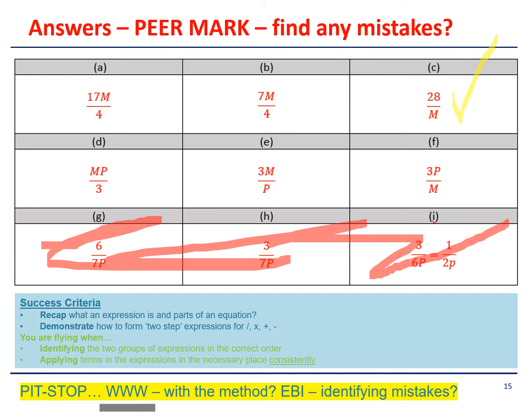We need to think and self-reflect. Okay, what is going well when you're doing these two-step expressions? So what is going well, and then more importantly, identifying the bits that we need to improve. Where are them little errors occurring, and you need to know why. What is it you need to practice?